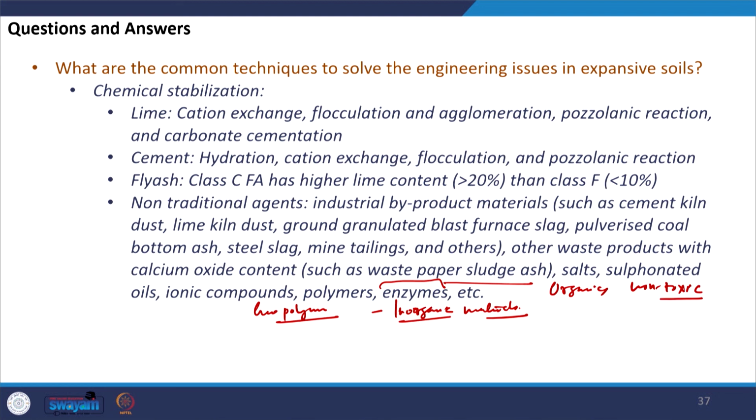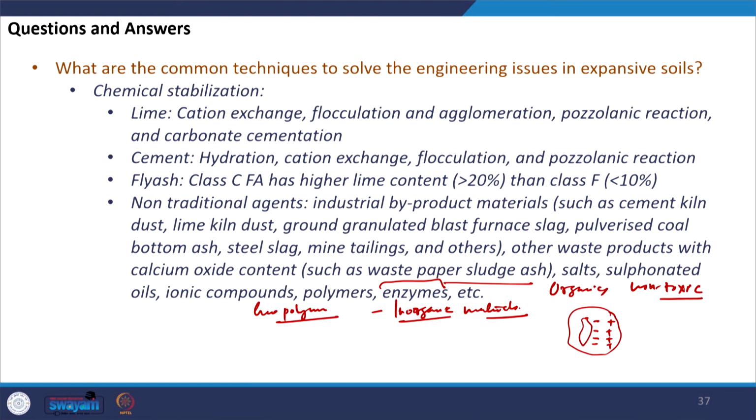By adding the enzymes, the negative charge on the surface of the clay gets neutralized. We know that the clay particle has negative charges on the surface; this gets neutralized by the enzyme cations, and therefore it will not attract water and becomes hydrophobic in nature. So, it reduces the affinity of the clay to attract water.